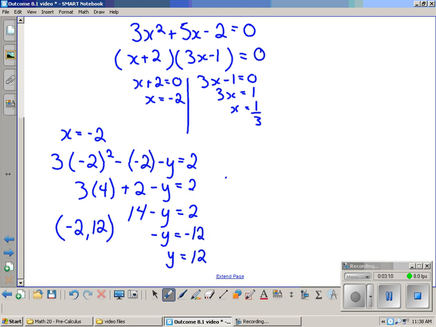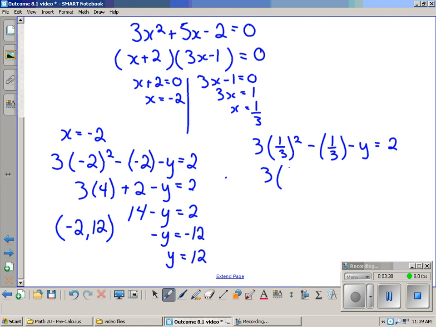I also need to find my y coordinate of the solution where x is 1/3. So again, substituting in, I have 3 times 1/3 squared minus 1/3 minus y equals 2.